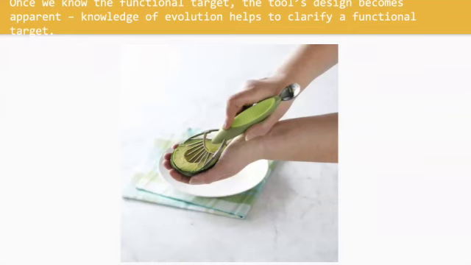The radius of the tool is too large for eggs, and that little piece at the top that I showed before can be useful for extracting the pit of the avocado. So once you know the function of the tool, its design features become apparent, and we can get a better insight into how that proximate system works once we have the functions in mind.